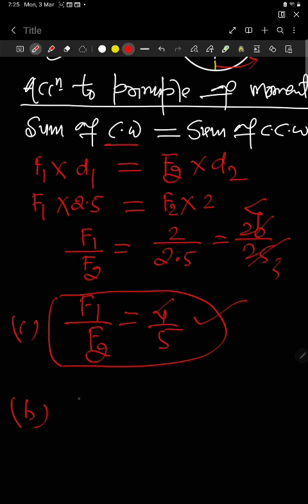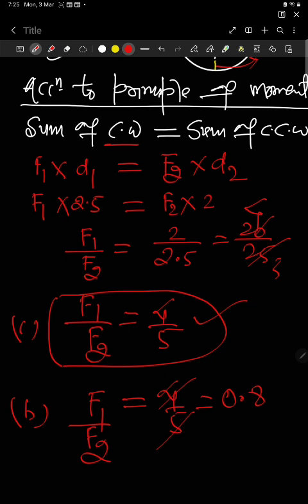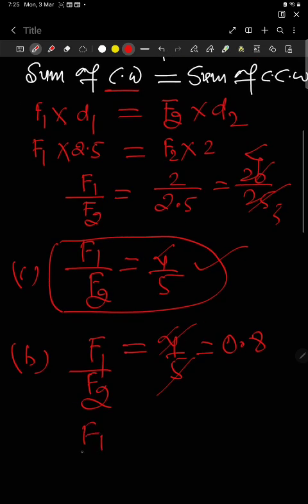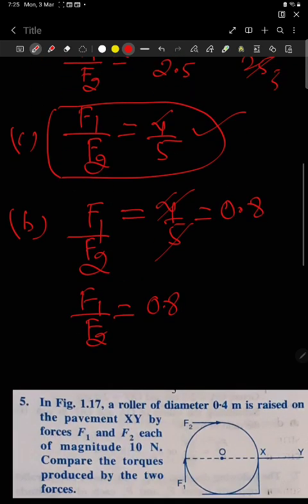From this equation you can see that F1 by F2 is 4 by 5, which is 0.8. So F1 by F2 is equal to 0.8, or we can write F1 is equal to 0.8 times F2.